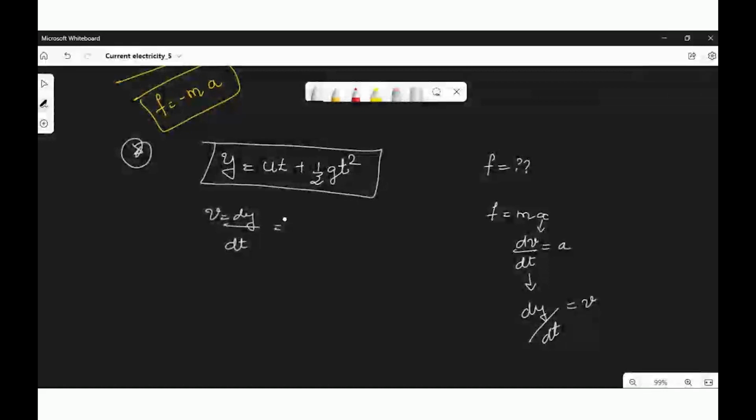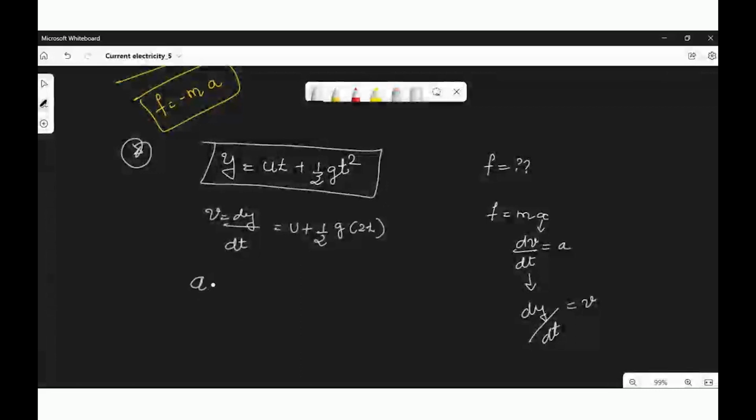It is u plus half g into 2t. The half and the 2 cancel.